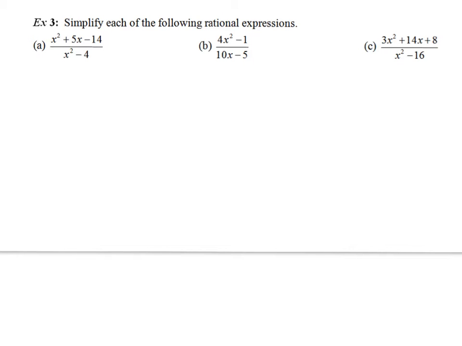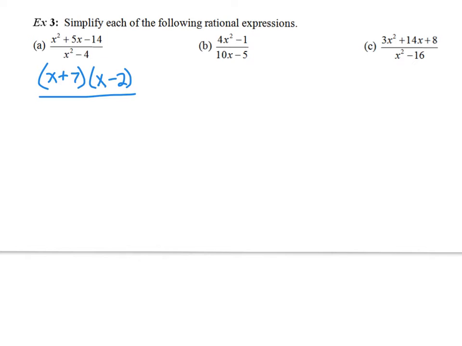Now let's move on to some rational expressions where I have polynomials in the numerator and the denominator. So for example number 3, I've got x squared plus 5x minus 14 over x squared minus 4. So let's factor my numerator. So I'm going to say x plus 7 times x minus 2 would be the factors of the numerator.